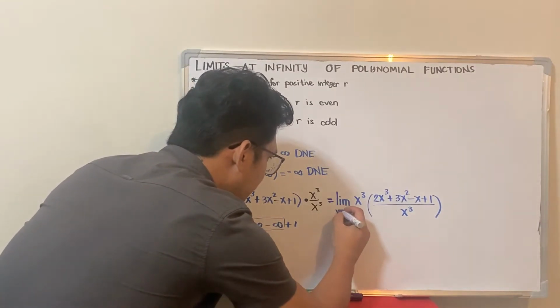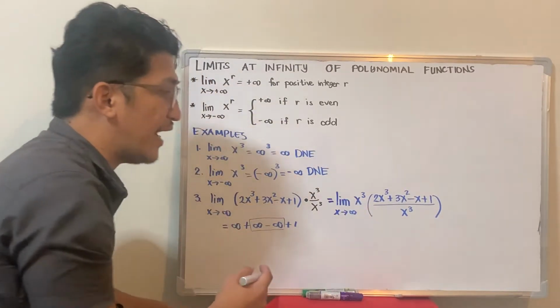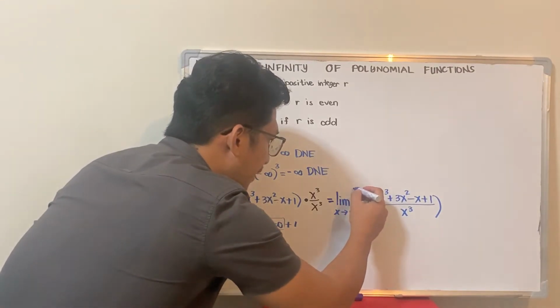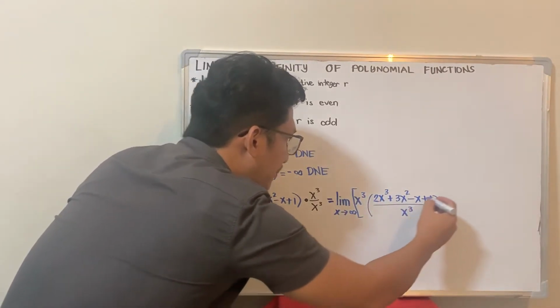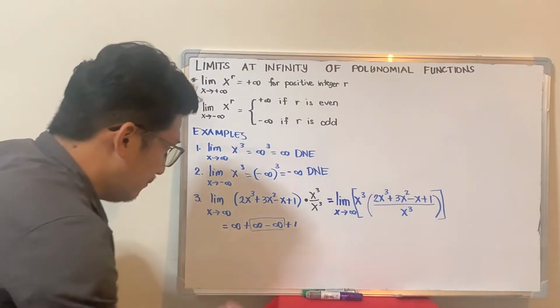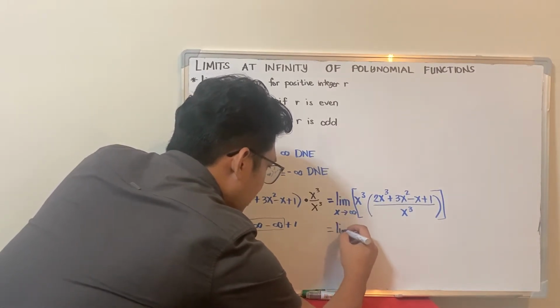From there, you may apply your prior knowledge in algebra, as x approaches positive infinity. I'm still writing the limit because I am not substituting the value of x yet, so I should place braces. Then we can apply algebraic rules.